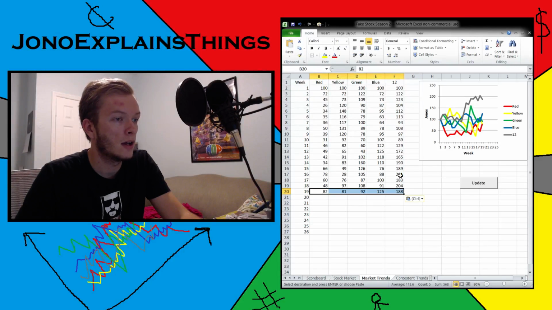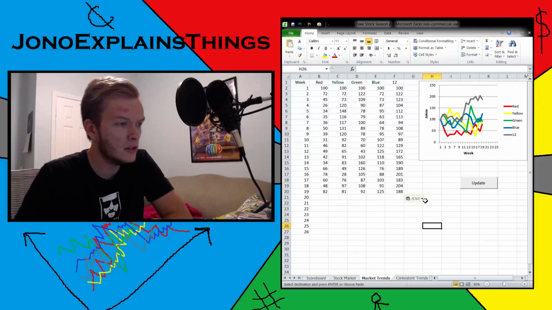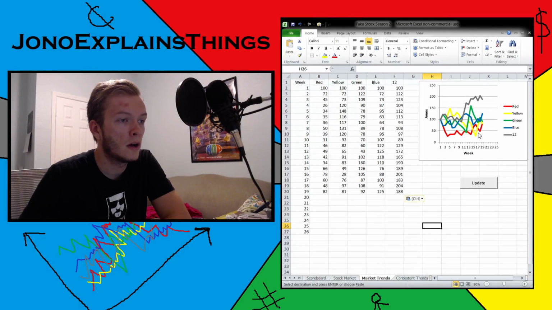So as we paste that, you can see that red and yellow are somewhat kissing here on the graph. Green and blue are doing some sort of dance, and 12 seems to be leveling out at about 200. Let's call that 195 as an average for that line. So we're seeing some flailing back and forth as people shift their support.